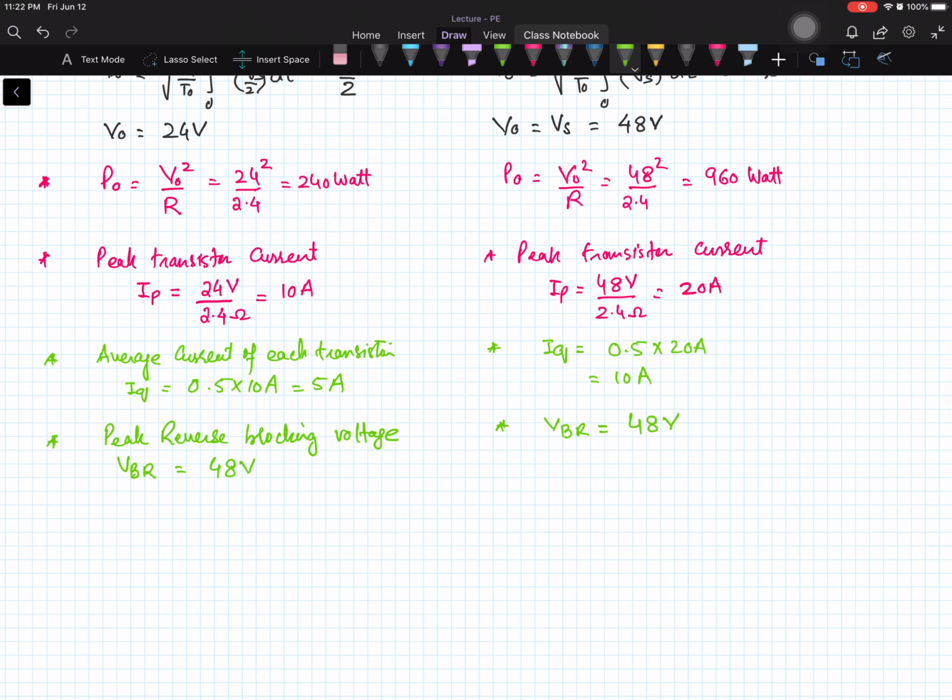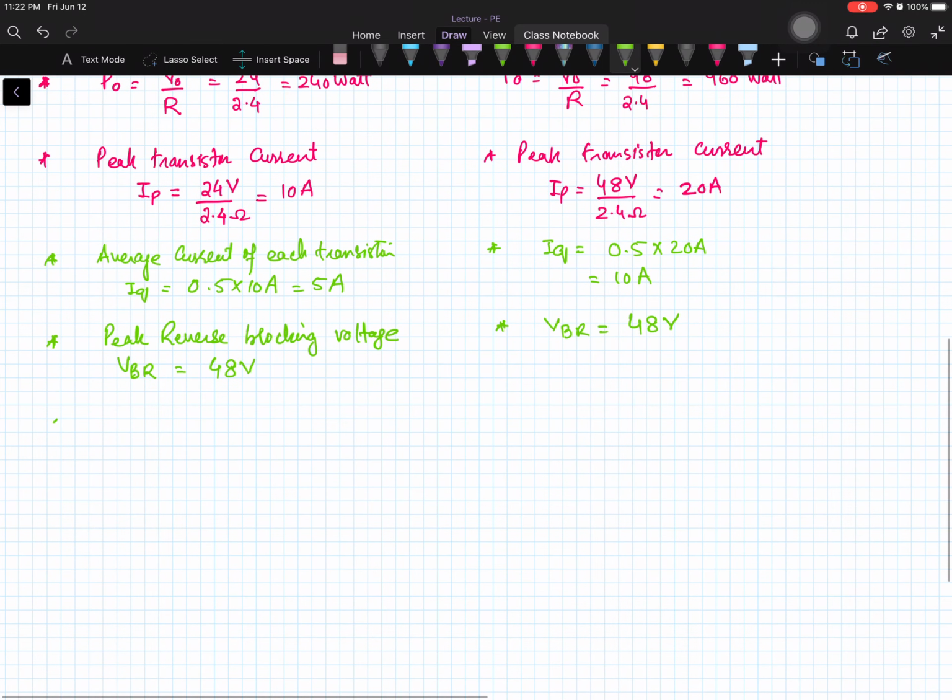Okay, now let's compare the harmonic voltage. Harmonic voltage can be calculated by summing up the RMS values of the individual harmonics. We represent it as VH, and there will be odd harmonics in the square waveform, excluding the fundamental component.